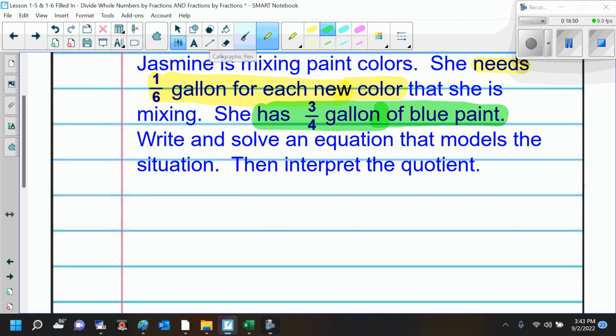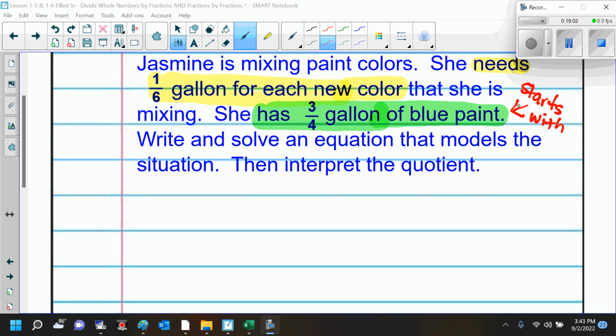So here she is starting with 3/4 gallons. Now, we want to know how many 1/6 gallons she can use of that 3/4 gallon to make her new paint. So that tells us that we're going to divide 3/4 divided by 1/6.